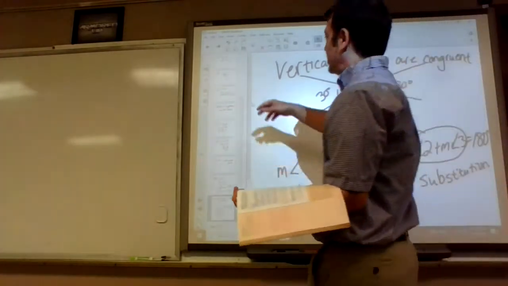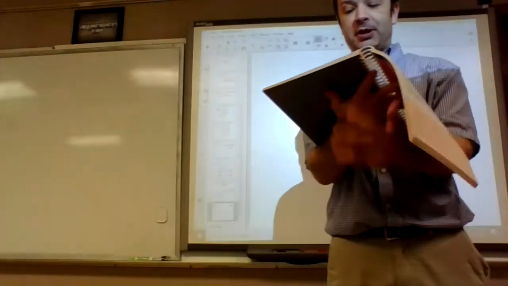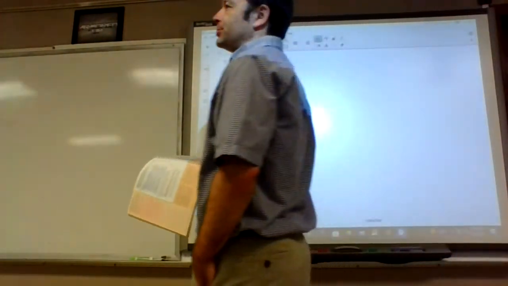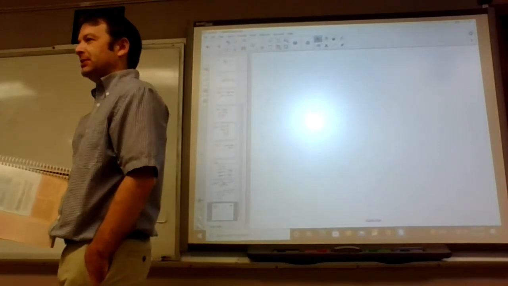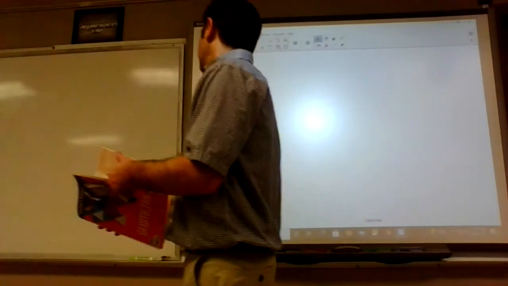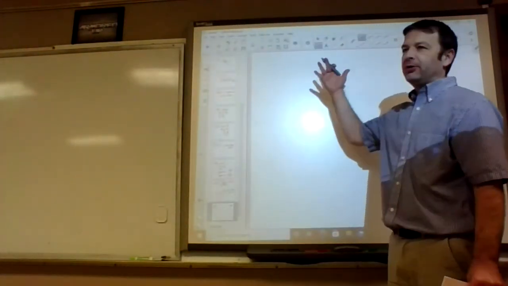Okay, let me say a couple of duh statements here. This will sound confusing, but once you understand what they're saying, it's not. Supplements of congruent angles are congruent. This is a theorem that we can use. So, what are congruent angles?